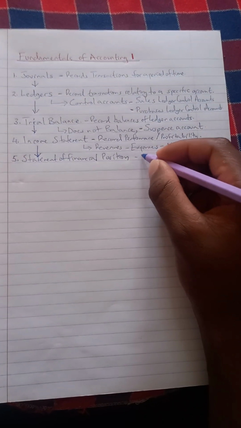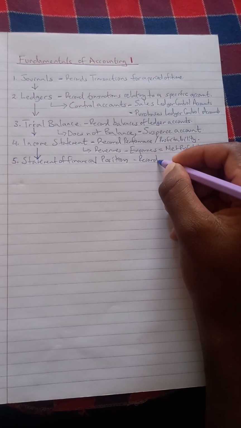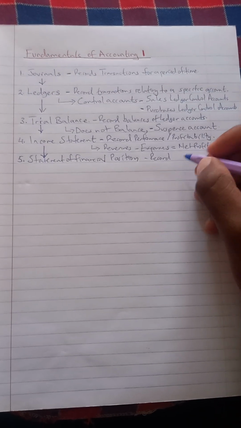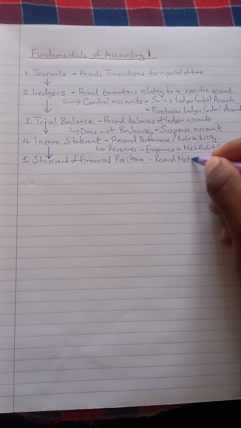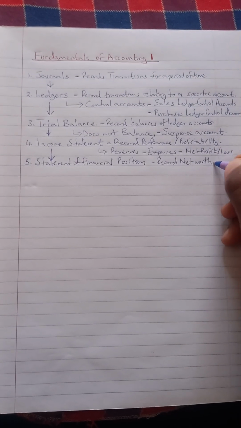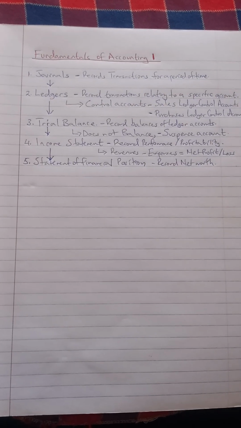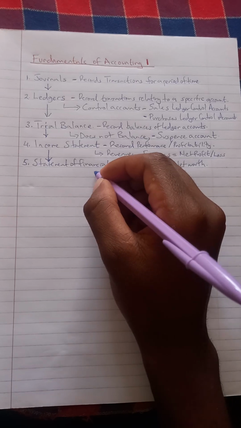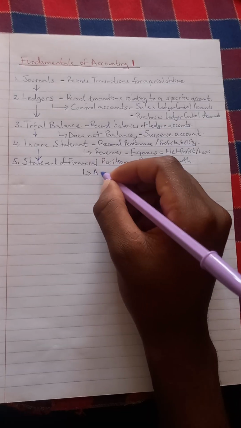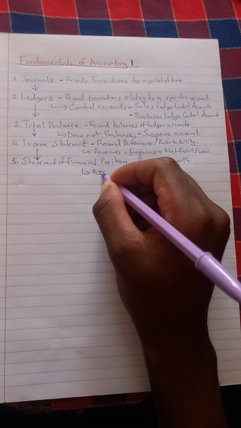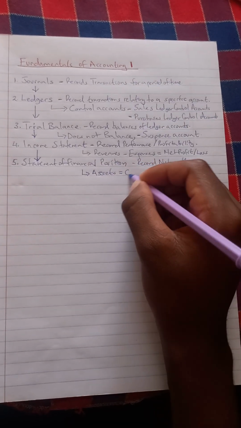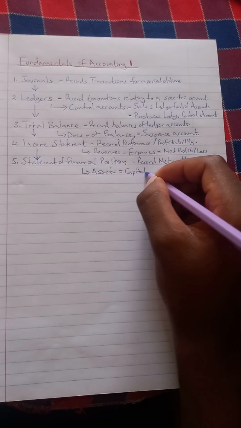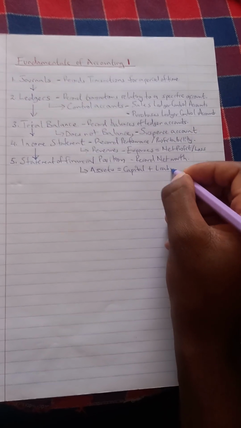Now this one records, let me say, net worth. The statement of financial position records the net worth. So here you normally use the accounting equation, whereby assets is equal to capital plus liabilities.